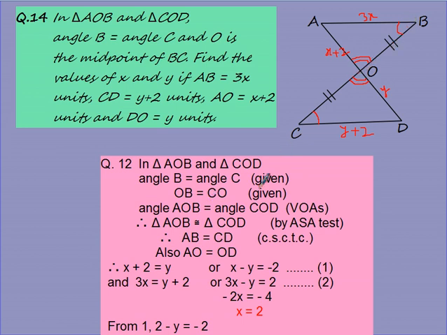So you can write angle given and the side is given, angle is vertically opposite, so the triangles are congruent. And then AB equal to CD by corresponding sides of congruent triangles, and AO is also OD by the same test, corresponding sides of congruent triangles.